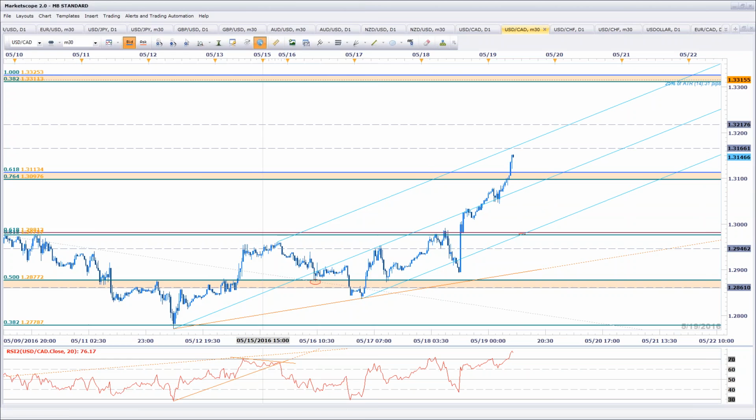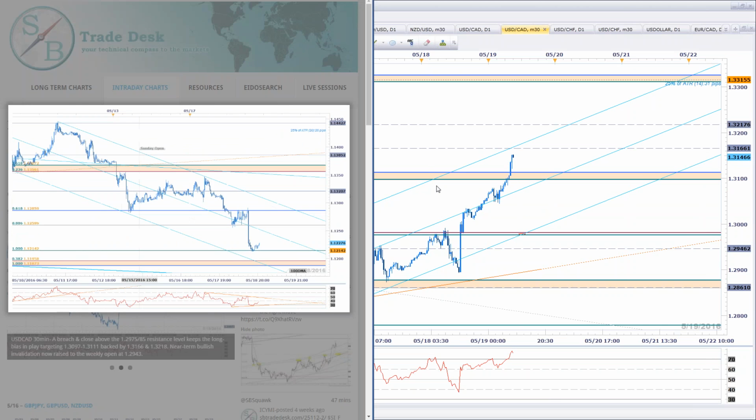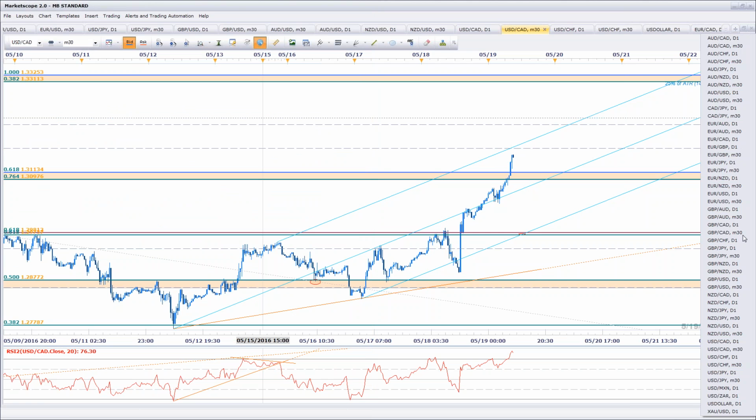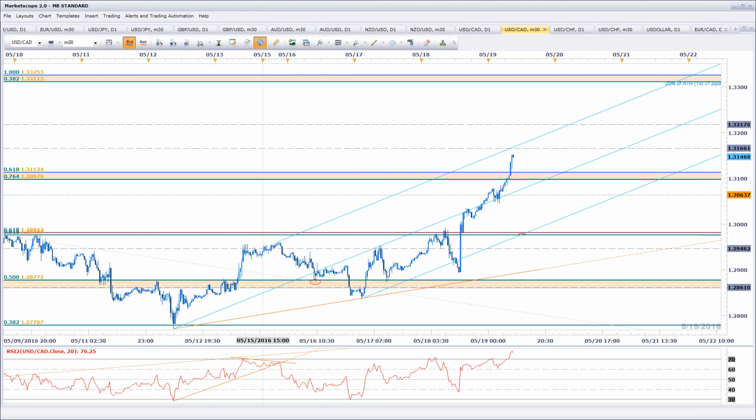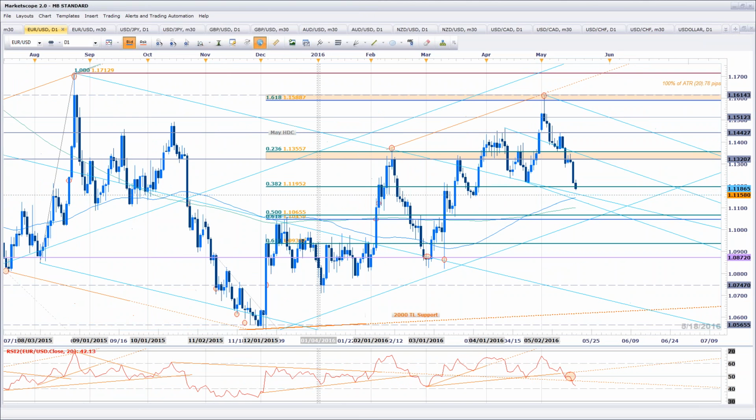Euro dollar. Here's what we looked like last night. Here's what the daily looks like real quick. It's dipping below that 38.2 retracement, that's 111.95. Again, same theme as with a lot of things, this is confirming a nice break to the downside.